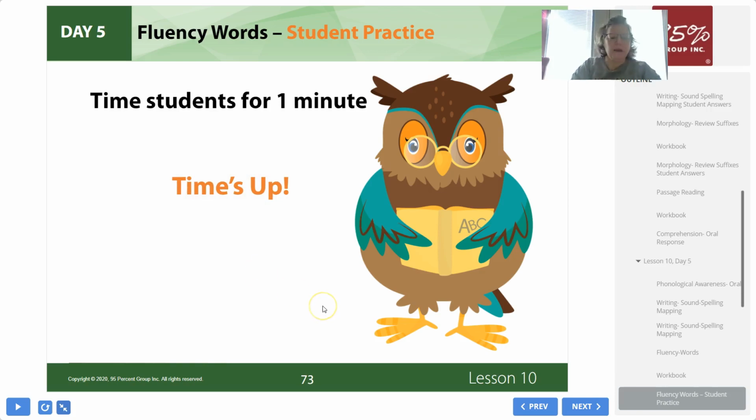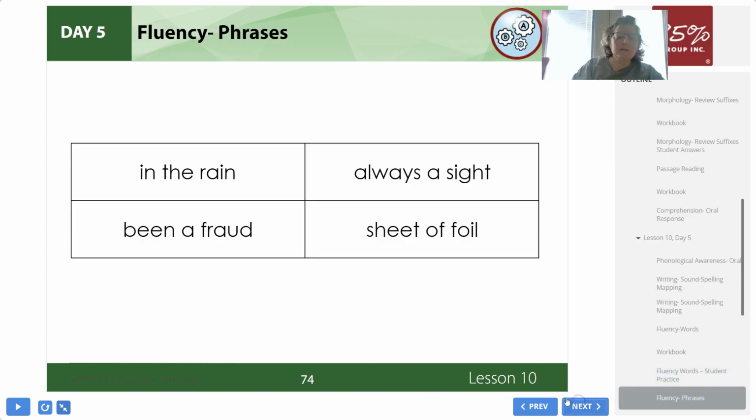All right, time's up. Please go ahead and circle the last word that you read. And then if you read it more than once, go ahead and write how many times you read it.